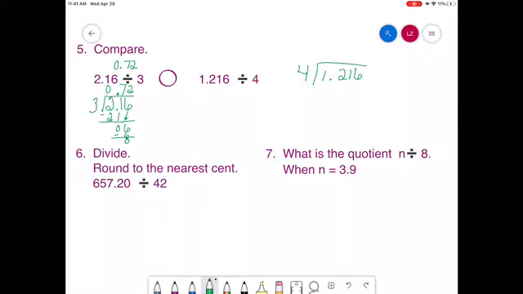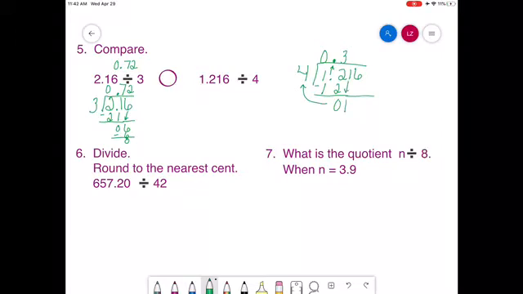All right, move the decimal point up first and foremost. 4 does not go into 1, but 4 does go into 12 3 times. 3 times 4 is 12. Subtract. We get a 0. 0 is less than 4, right? Checked it. Yep, it's less, so we did it right. And we bring down our next number, which is 1.